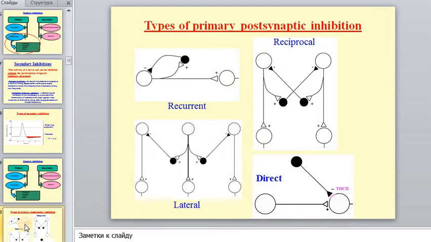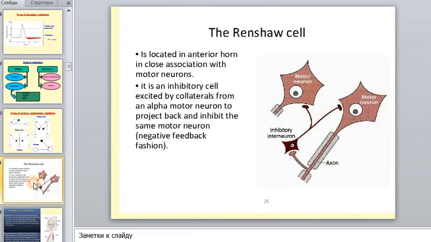Here we see the types of primary postsynaptic inhibition, and as we see here, the inhibitory synapses, here the black cells, always contact with the body of the neuron. These cells are Renshaw inhibitory neurons. What is this? The Renshaw inhibitory cells.